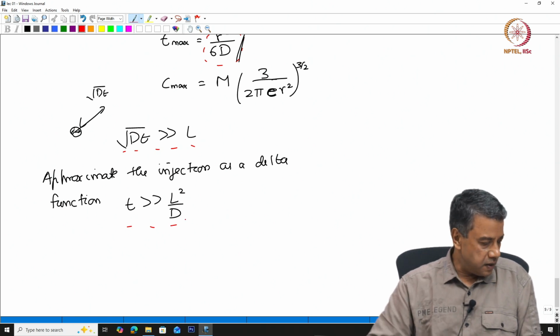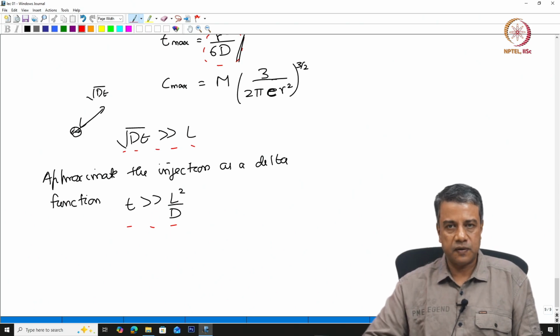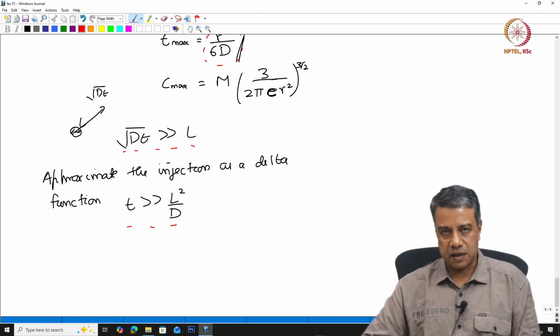When the time is small, the initial shape of the concentration field and the initial extent of the concentration field will matter.